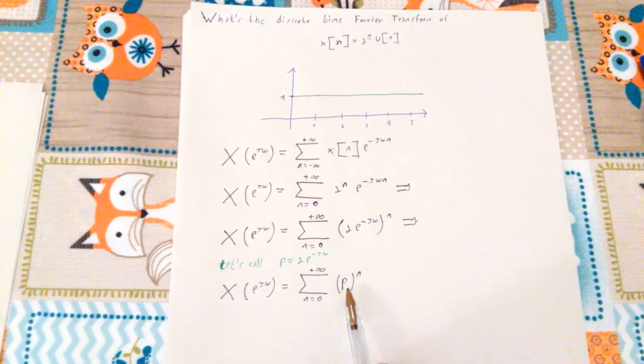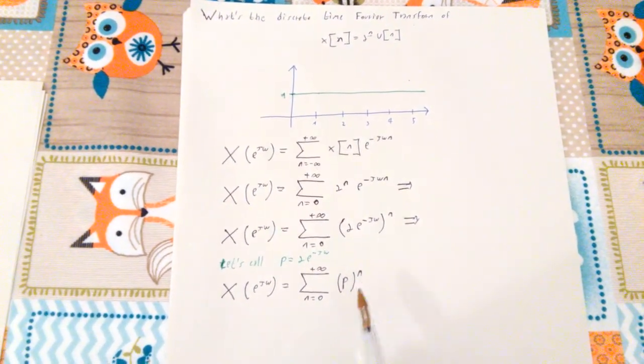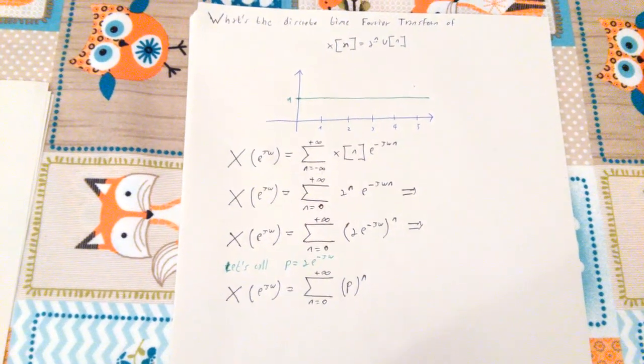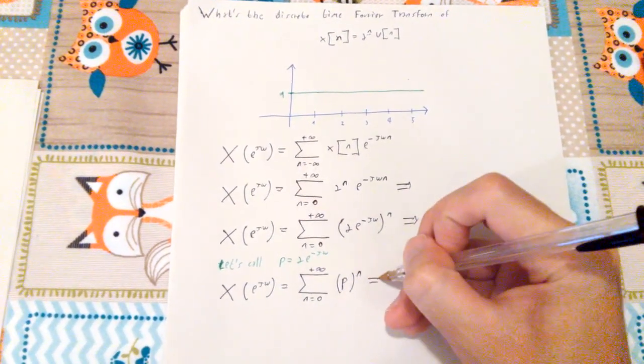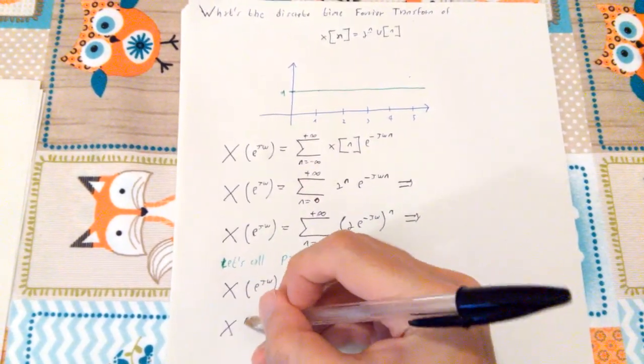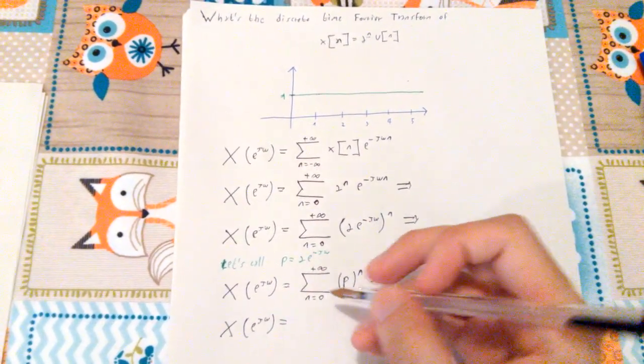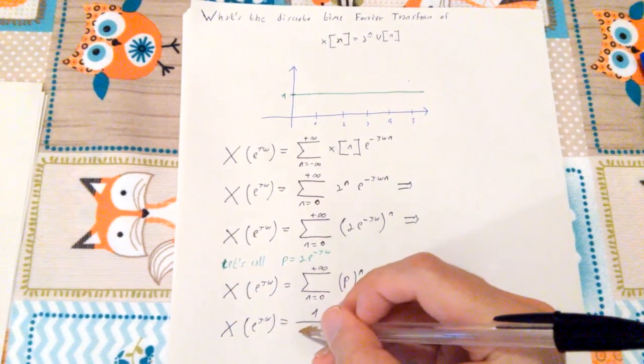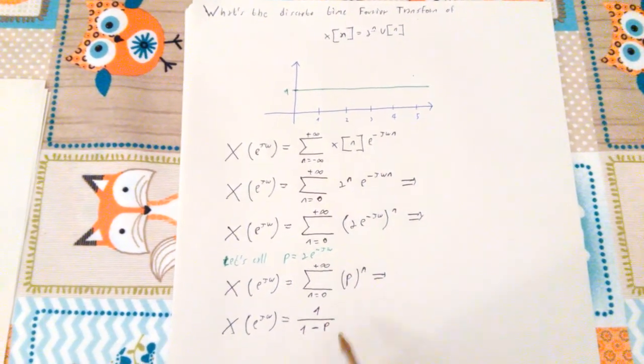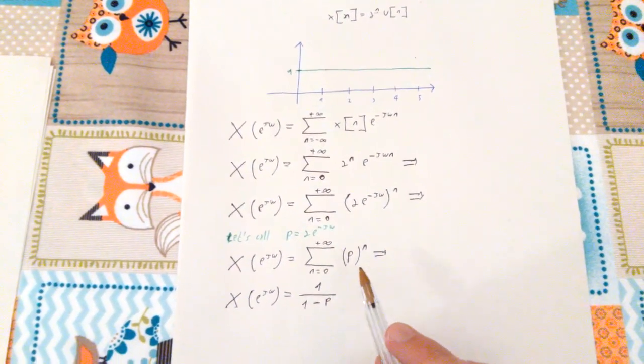But we actually know what this sum is: it is just 1 over 1 minus p. It's just a simple property.